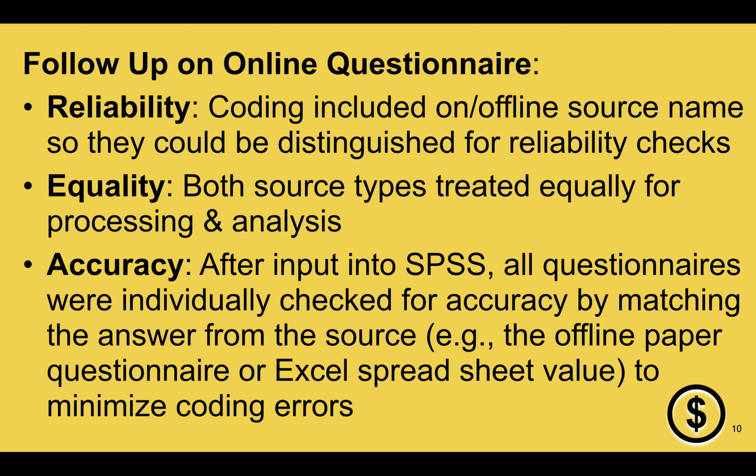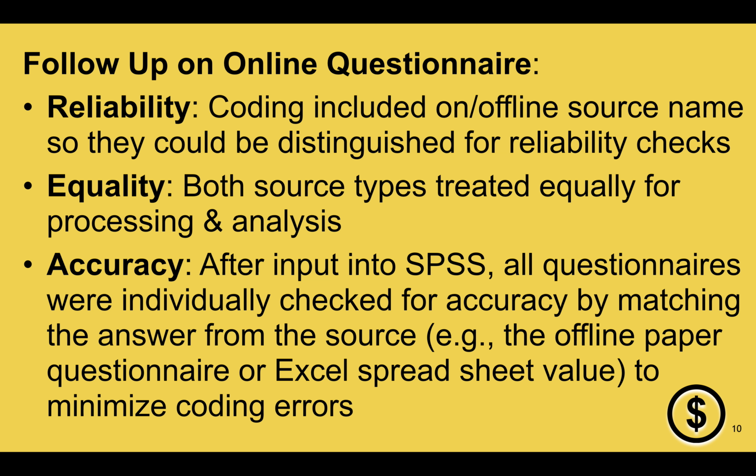In terms of follow-up in the online questionnaire, there are 3 main points. In terms of reliability, the coding included online and offline source names so they could be distinguished for reliability checks. So when I inputted them into the SPSS program, I could tell if I needed to go back whether they're online or offline. In terms of quality, both source types were treated equally for processing and analysis.